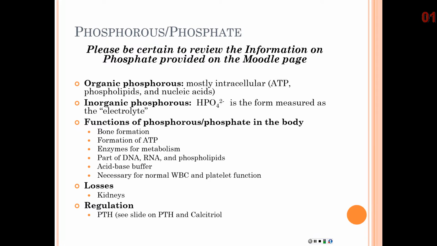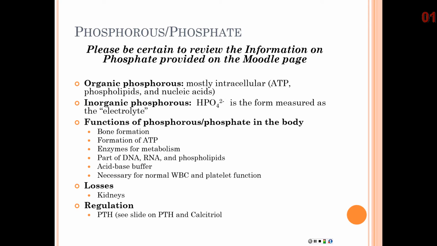Organic phosphorus is what makes up ATP, the phospholipids in the cell membrane or in membranes surrounding organelles within the cell, and the nucleic acids. Inorganic phosphate can be used in organic and back and forth, so they're interchangeable. It depends upon the form it's in as to whether we refer to it as organic or inorganic.